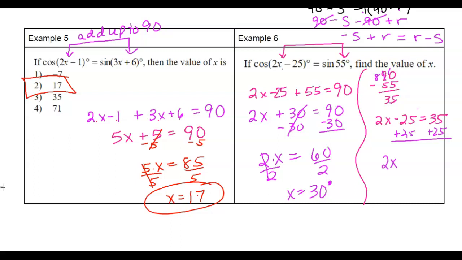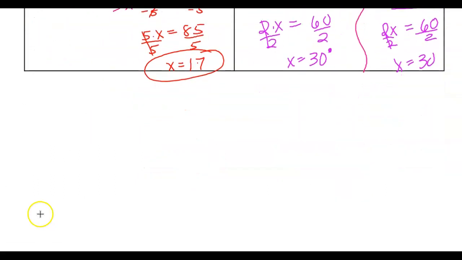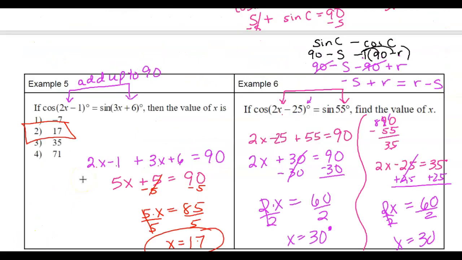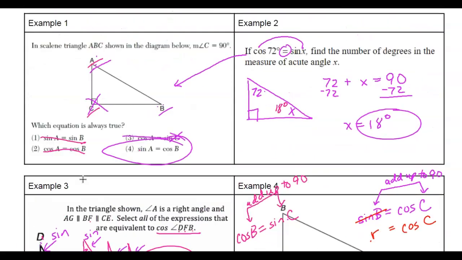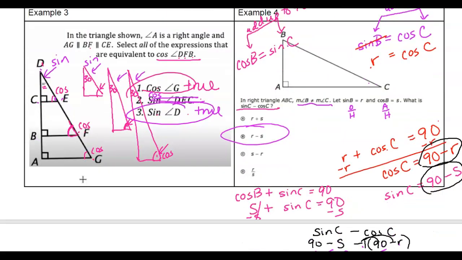So 2x equals 60, and then divide by 2. So x equals 30. The degrees is already on the outside. That's why I don't need it. So either way, it's the same idea. Okay? But remember, the sine and cosine of the two acute angles, they're complementary. They add up to 90.